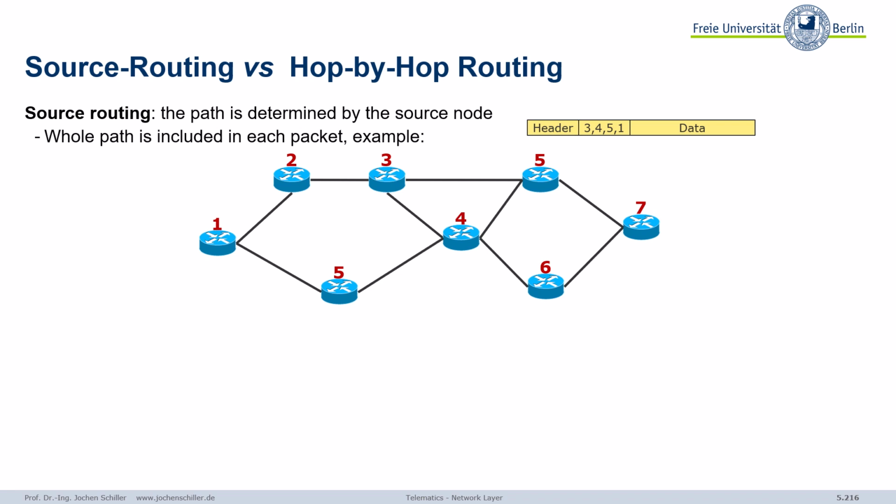For example, if you want to send something from node 1, that's our source, to node 7, that's our destination, you could say, I know that for doing so I have to send from 1 to 2, then to 3, then to 4, then to 6, and then to 7. How I know is a different question.